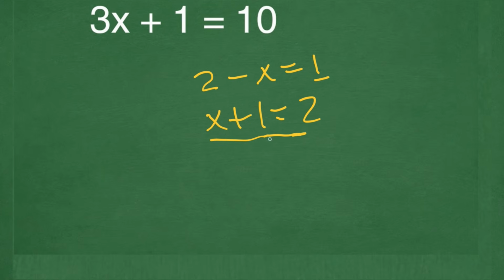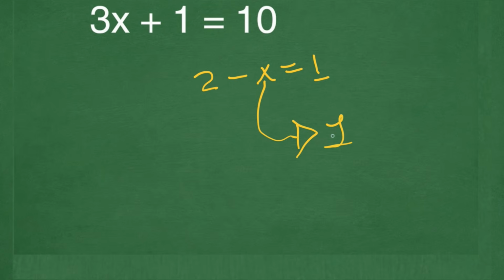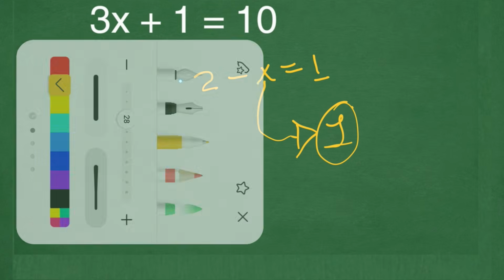So this is the idea. And the value of x is just equal to 1. So that is the idea, and this is the basics behind variables. Their value just varies, and they represent a specific number. In this case, the variable x represents the number 1. So that is the idea.